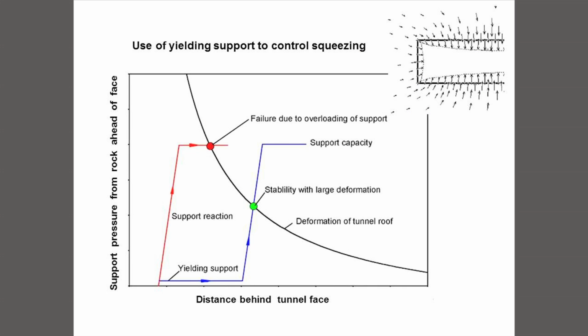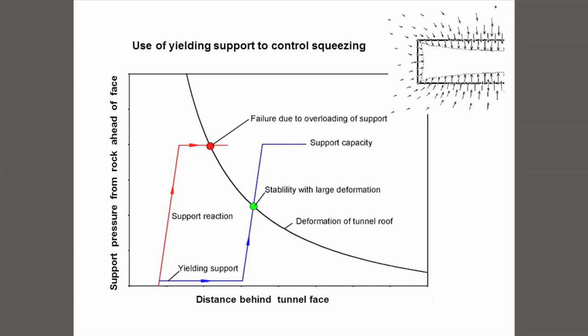But you have to be very careful when you put that support in, because you can calculate how much support you need to prevent further displacement. Once your support capacity and the lack of capacity in the rock have met, the tunnel will be stable. So this plot here is of the support pressure from the rock ahead of the face.